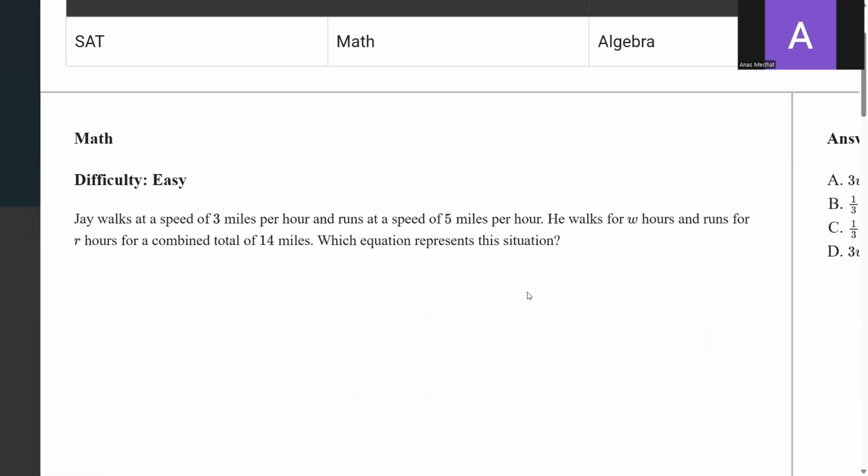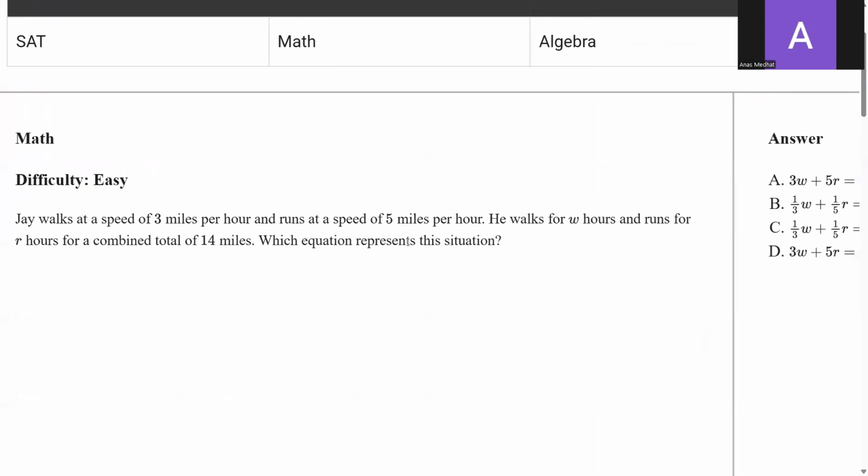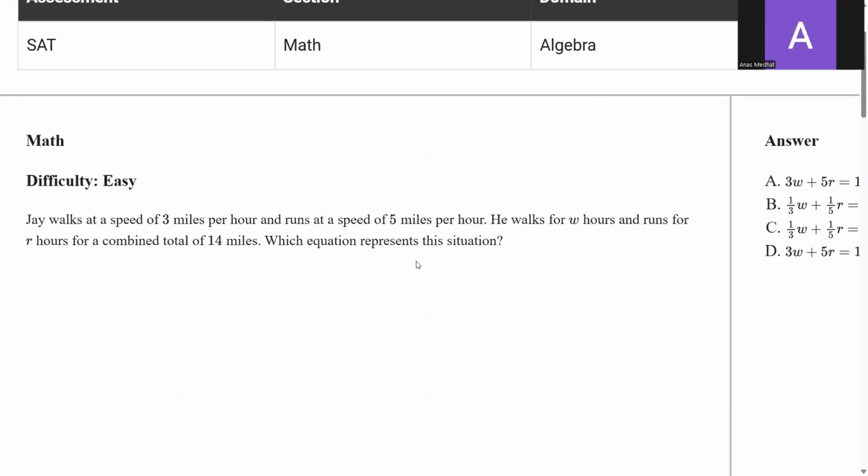Jay walks at a speed of 3 miles per hour and runs at a speed of 5 miles per hour. He walks for W hours and runs for R hours for a combined total of 14 miles. Which equation represents the situation?